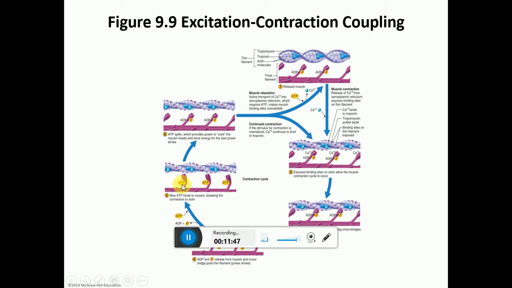So it gets an ATP, it hydrolyzes it again into ADP and phosphate, it lets go of the binding site, and it is known as cocking back into its position, in order to get ready for another stroke and so on. So you see it's really a cycle that keeps on going in order for a muscle contraction to happen.